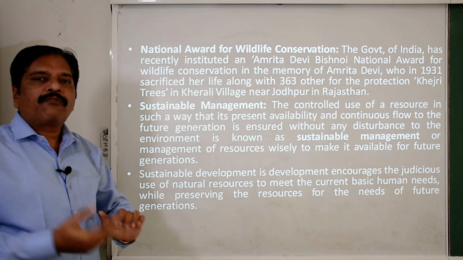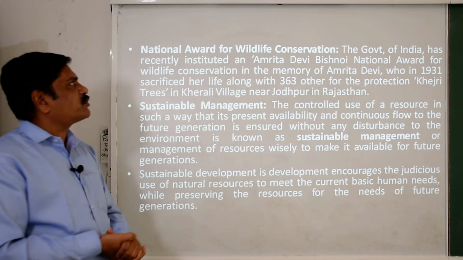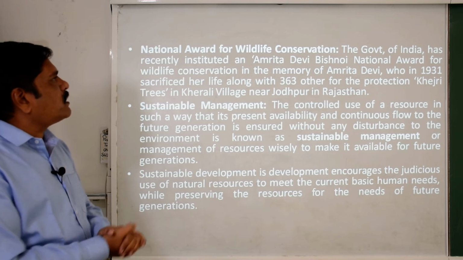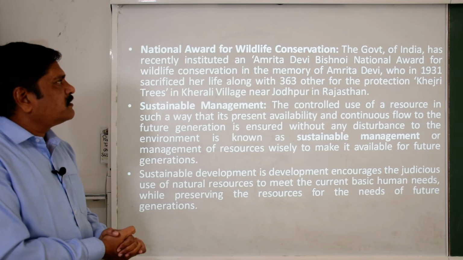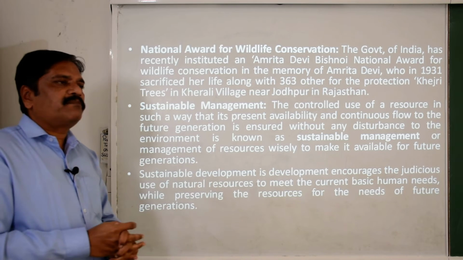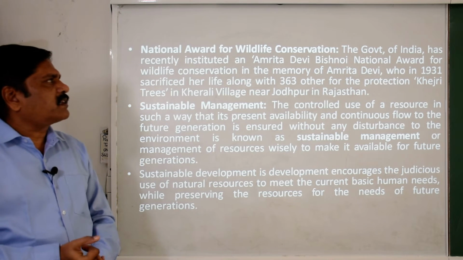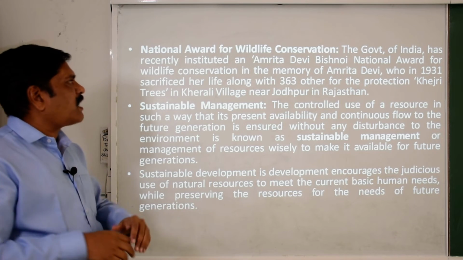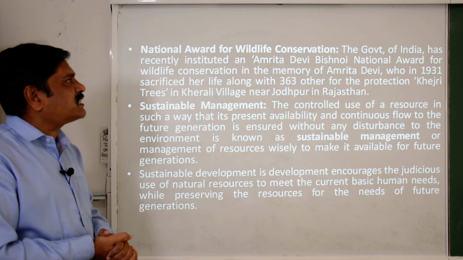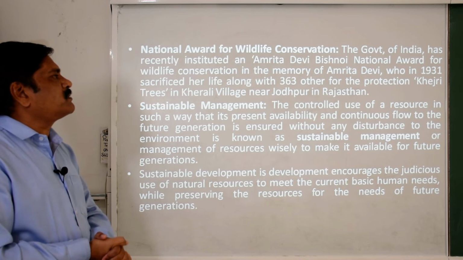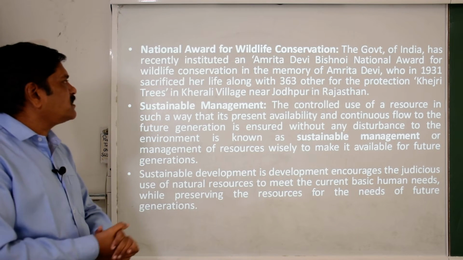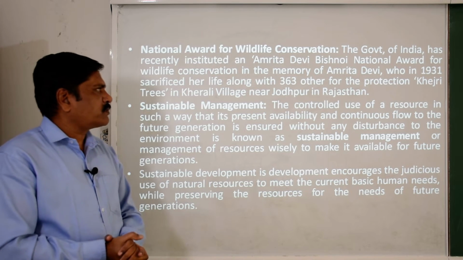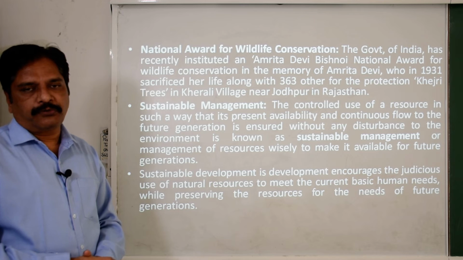Now, just for growing awareness, the government has also established some awards, like the National Award for Wildlife Conservation. I think you heard about the Amrita Devi Vishnoi Award. This national award is established in memory of Amrita Devi. In 1931, she sacrificed her life along with 363 people to protect the khejri trees in Khejarli village in Jodhpur, Rajasthan.